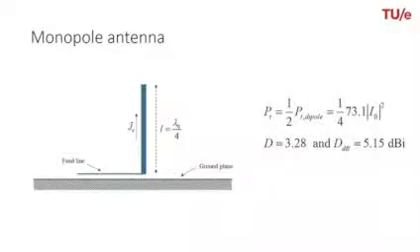So that's in dBs, it's 5.15 dBi. And the radiation resistance will be half of the 73.1 ohm radiation resistance. But still, this is a very practical value, easily to match to a transmission line or to a transmitter or a receiver.